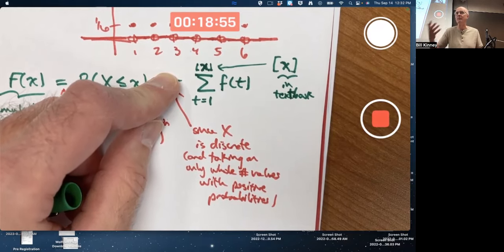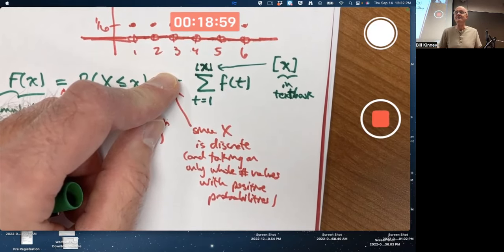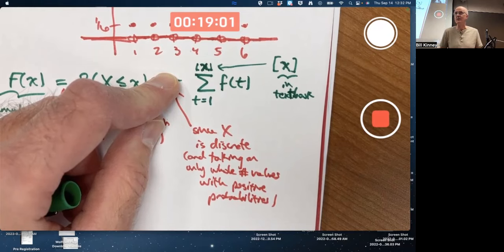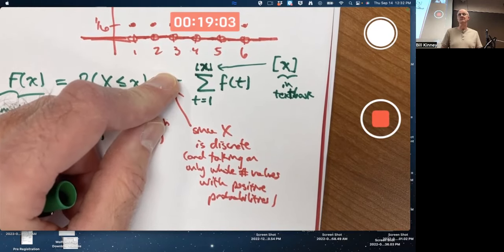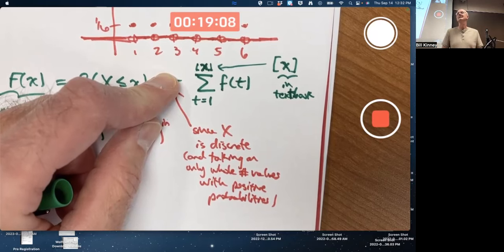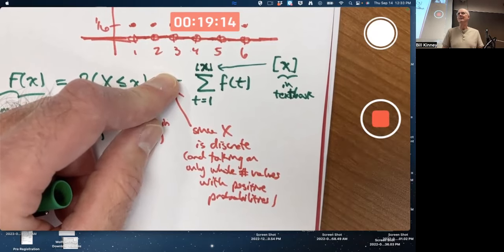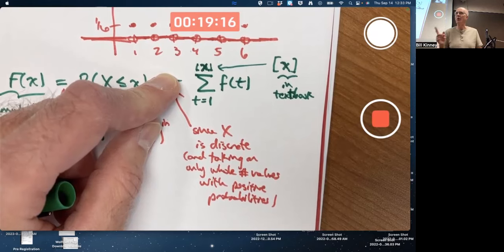If x is 4.9, the greatest integer in 4.9 is also 4. That's the greatest integer that's still less than 4.9. Once you get to 5, the greatest integer in 5 is 5. Greatest integer, I should have said less than or equal to 5.